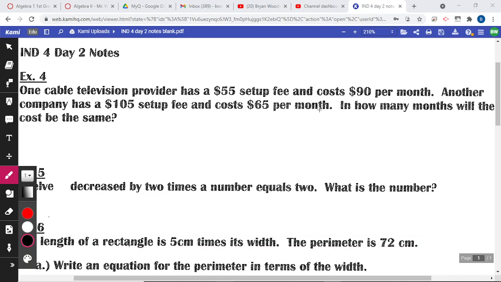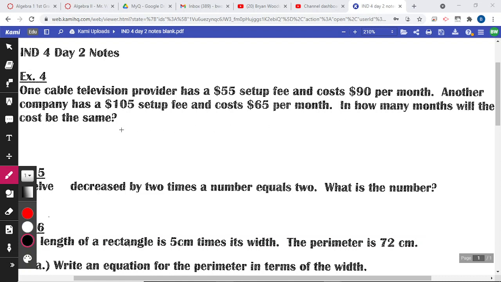Okay, so we've read the problem. It's time to assign a variable. And unless we have a good reason to do otherwise, our variable will just be the thing that we're looking for. And this time, that seems like a reasonable thing to do.